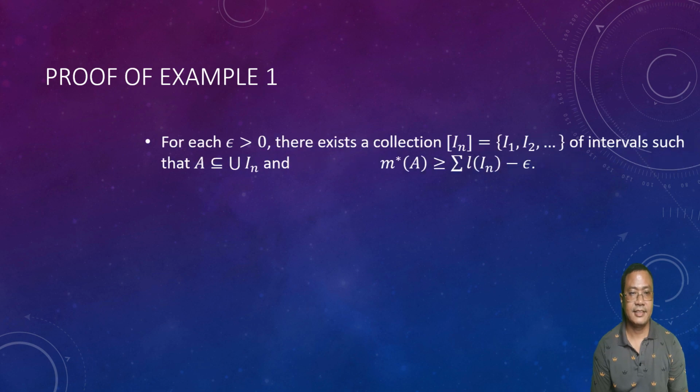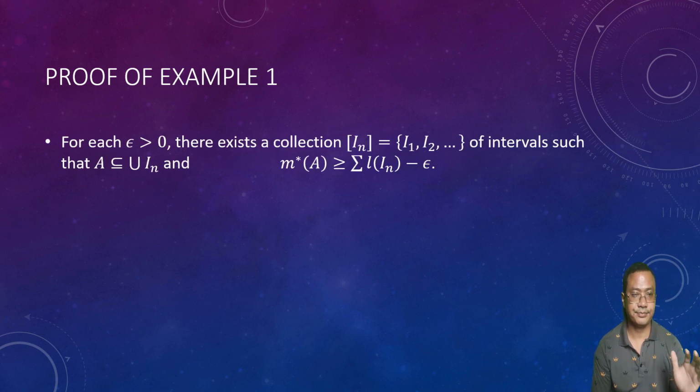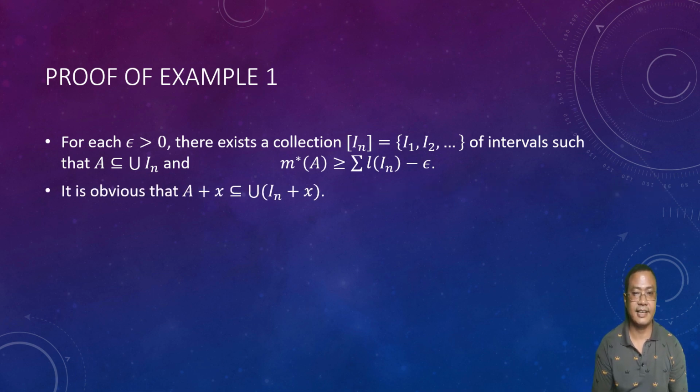Alright, let us try to prove this one. For each epsilon, there exists a collection I_n, consisting of I_1, I_2, up to I infinity, of intervals such that A is a subset of their union, that is the cover. According to the definition, m star A is greater than the summation of the lengths of the intervals I_n minus epsilon, and this comes directly from the definition.